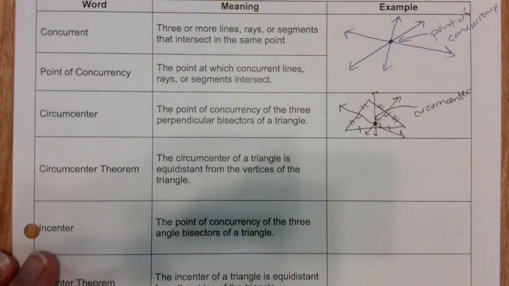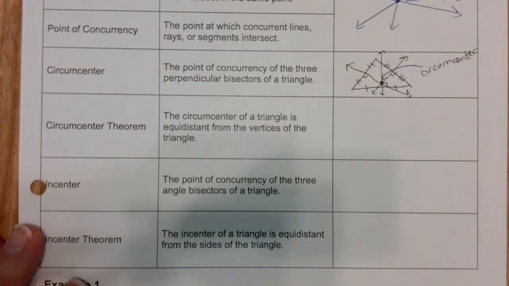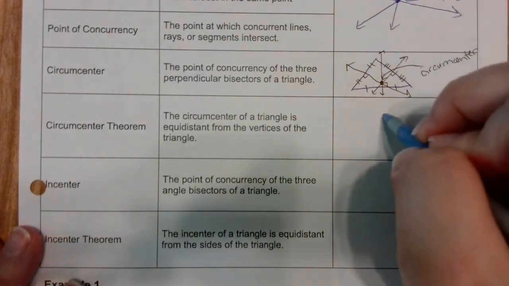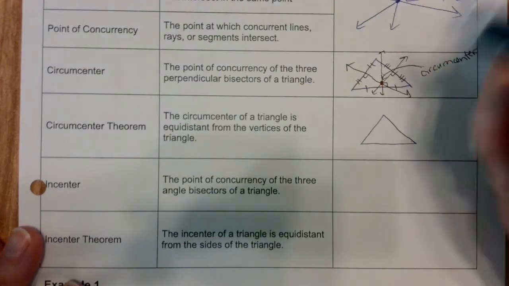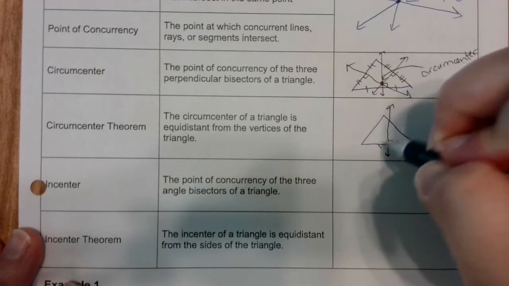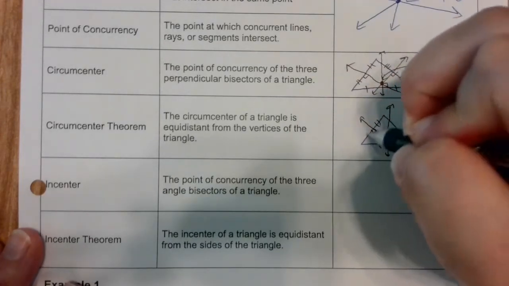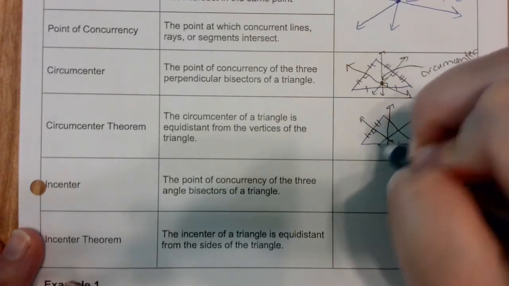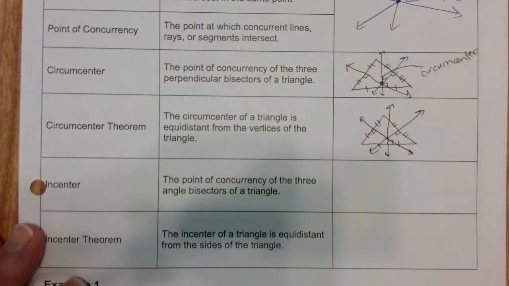So, why would you ever need to find the circumcenter? And it's due to the circumcenter theorem. If you have your triangle and you have the circumcenter, the special thing about the circumcenter is that it is equidistant to the vertices of the triangle.